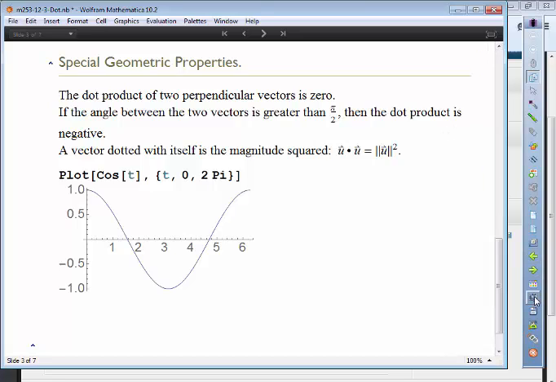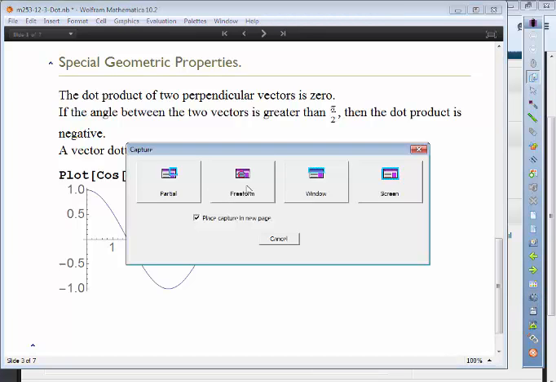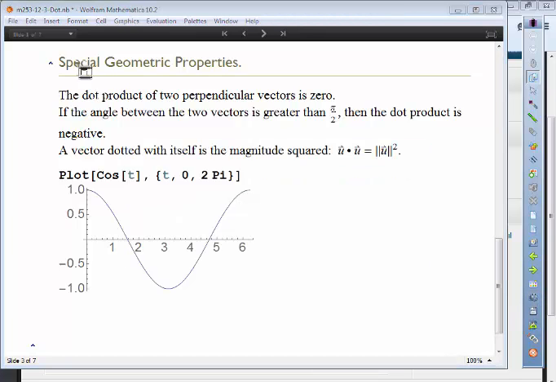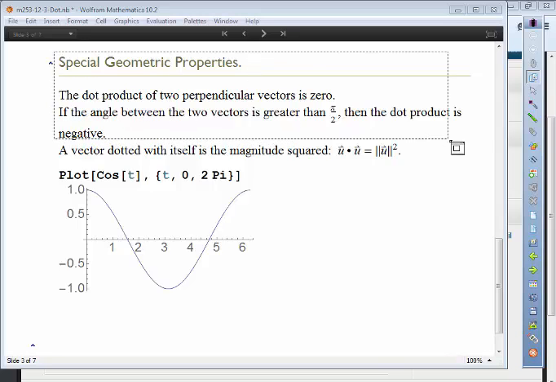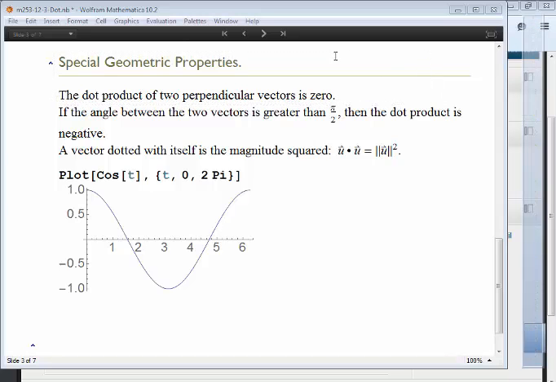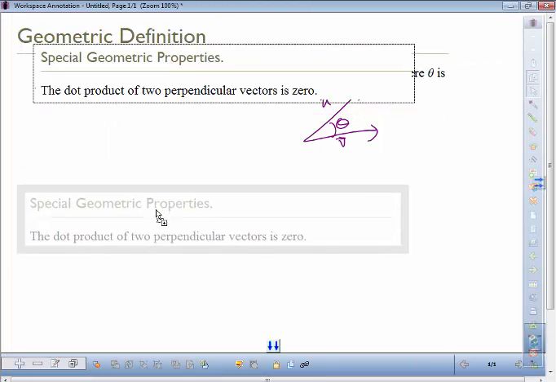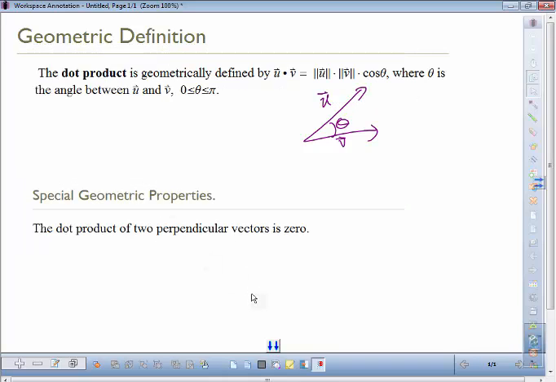So an important consequence that we'll be using a lot is the fact that if you have two vectors that are perpendicular to each other, then the dot product is equal to 0.